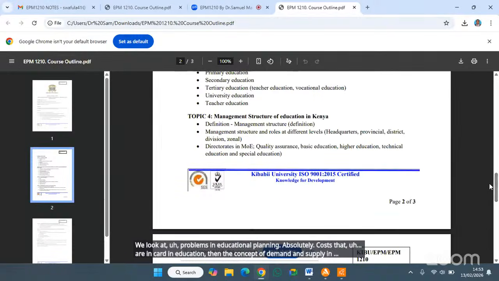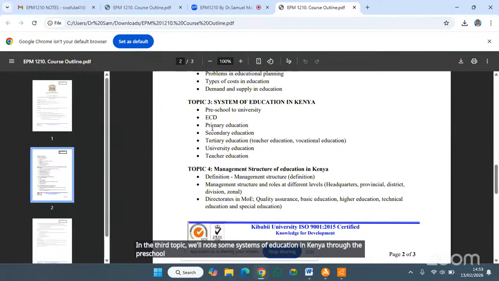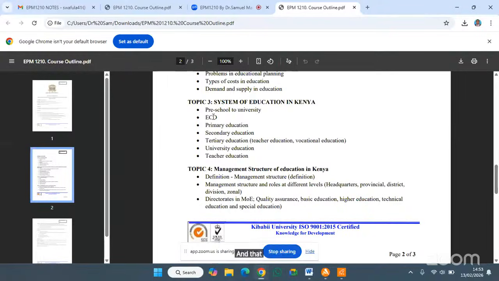In the third topic, we'll look at systems of education in Kenya, from preschool to university, which are the levels that we go through in the education system in Kenya.